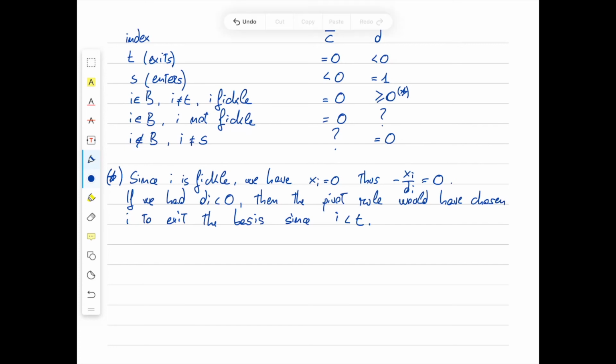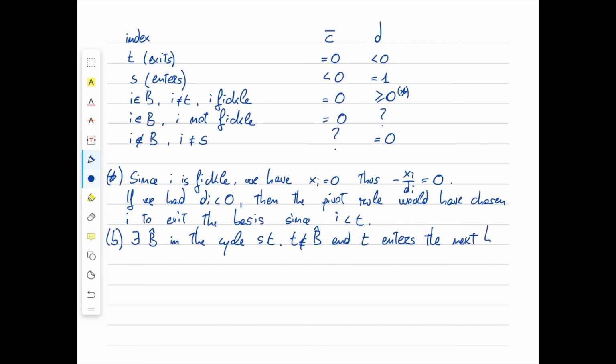Now we're done with this specific change of basis. So let's consider the next change of basis, which is when t enters the basis. So there exists a basis, let's say B hat in the cycle, such that t is not in B hat and t enters the next basis.